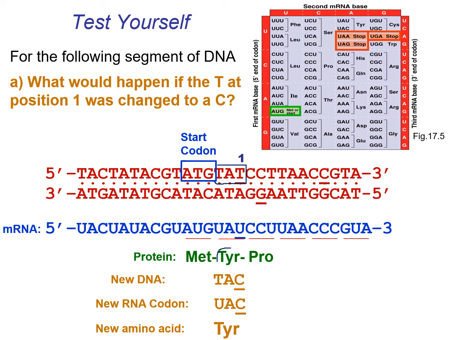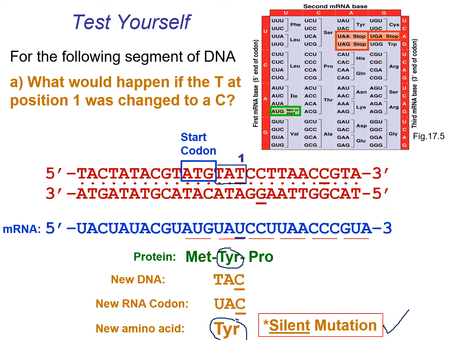So we're going from a tyrosine to a tyrosine. What is that? That is, of course, a silent mutation. So that would be the answer to that question. You need to give the full answer and say that we have a new amino acid or an unchanged amino acid and what it's going to be, and also give the correct terminology. Say that this is a silent mutation.